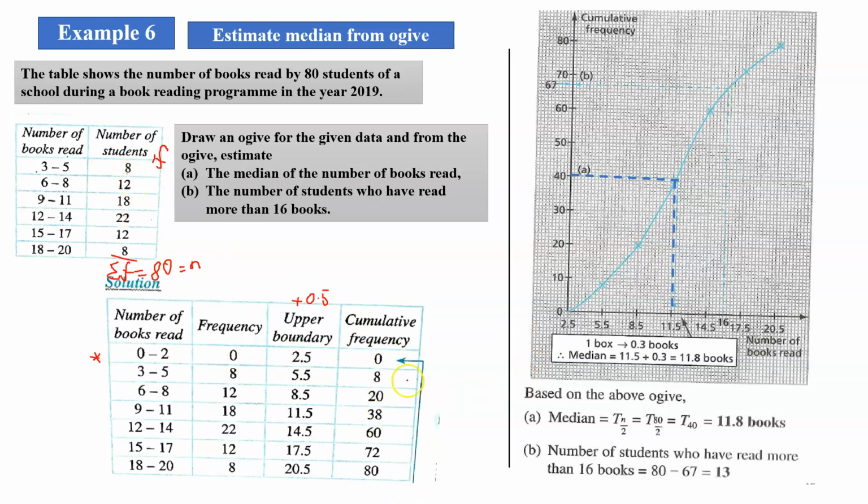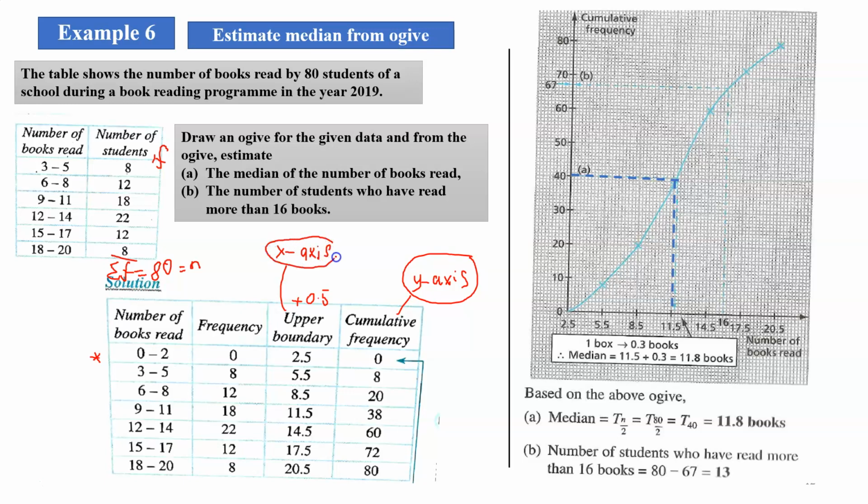So bila dah dapat the cumulative frequency, this cumulative frequency will become your y-axis. Paksi y kamu. And the upper boundary ni will become your x-axis. Ini akan berada di paksi x kamu lah.